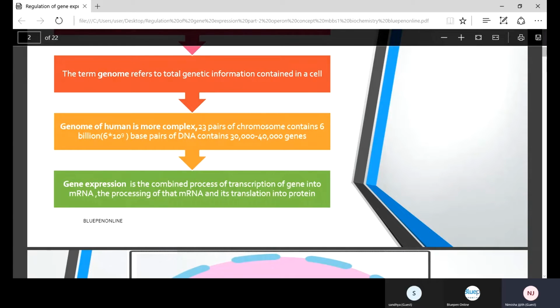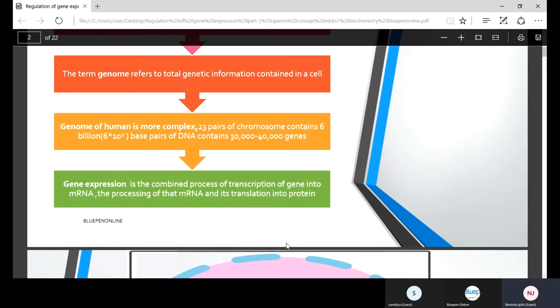Now we deal with all these things in terms of the genome. The DNA contains a gene that is transcribed into mRNA. Then the mRNA is translated into protein. All these processes that involve the gene, that particular area is known as gene expression.